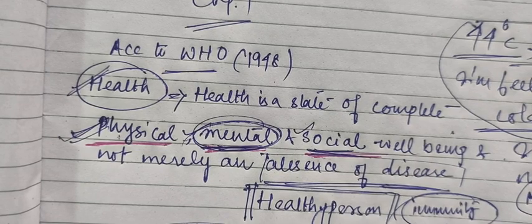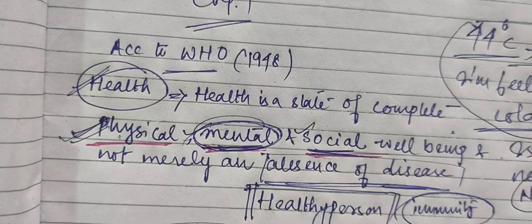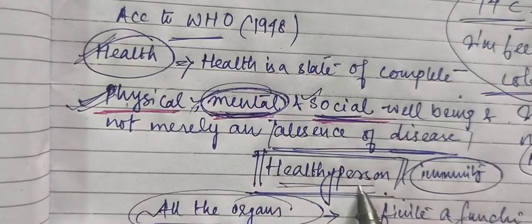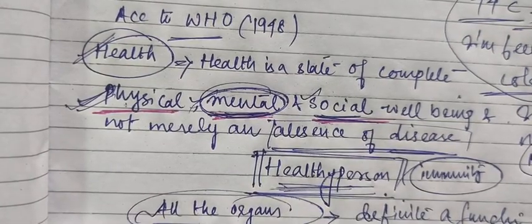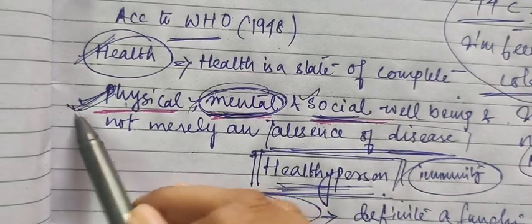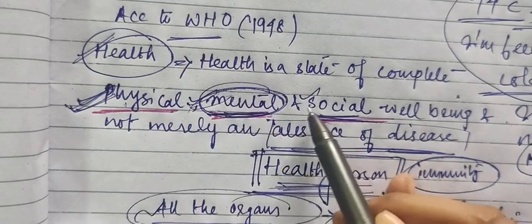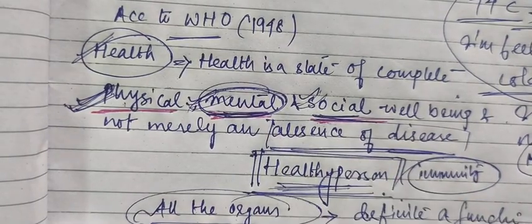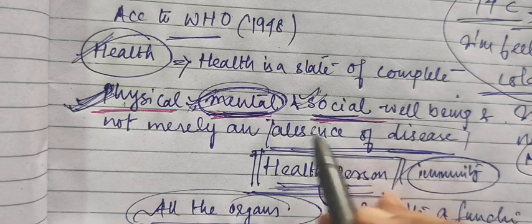So if you say that I am a healthy person, what will be the parameters for being healthy? Physical parameters, mental parameters and social parameters. So physical, mental and social well-being, and not merely an absence of disease.